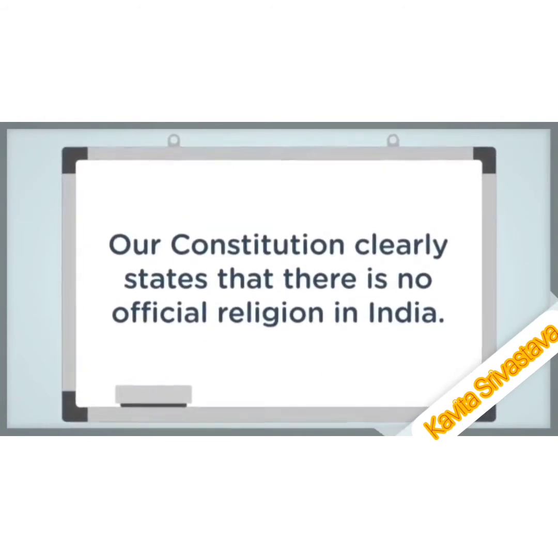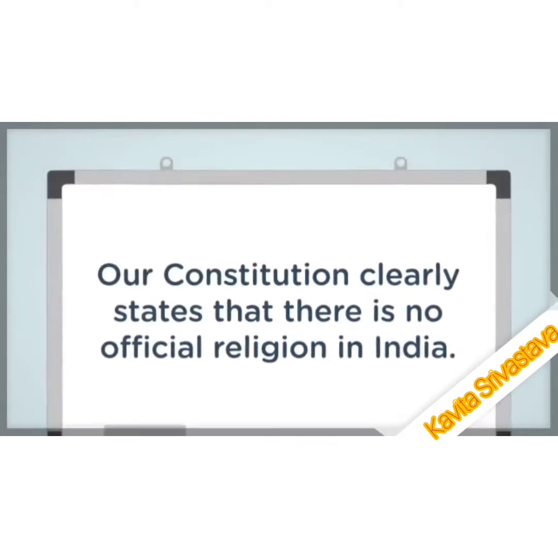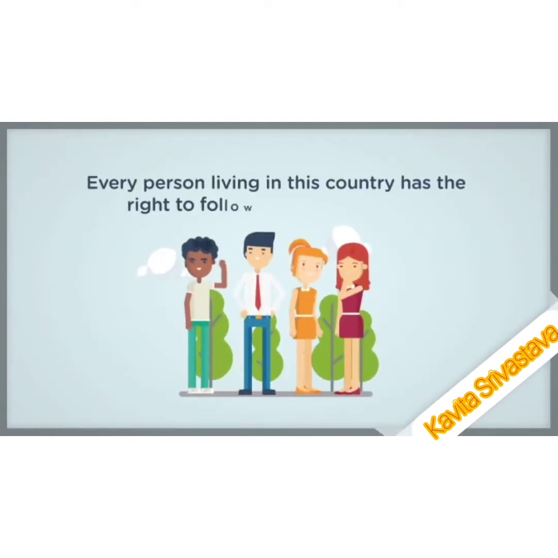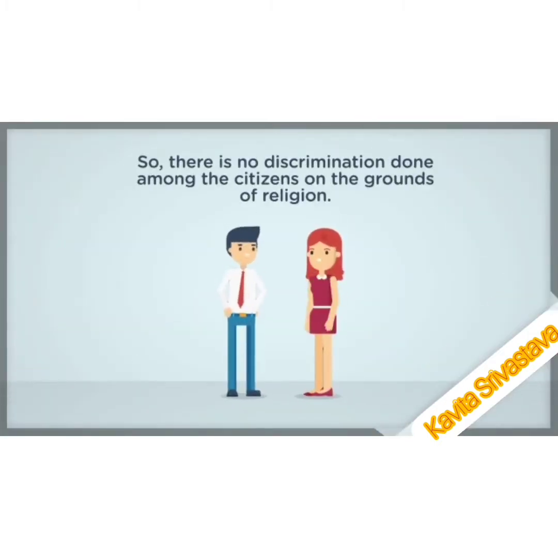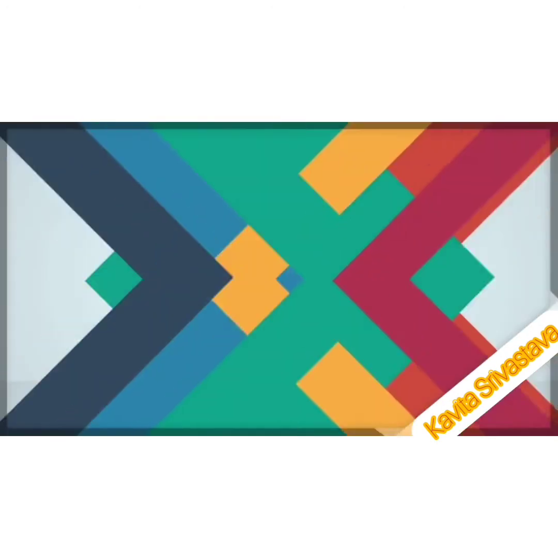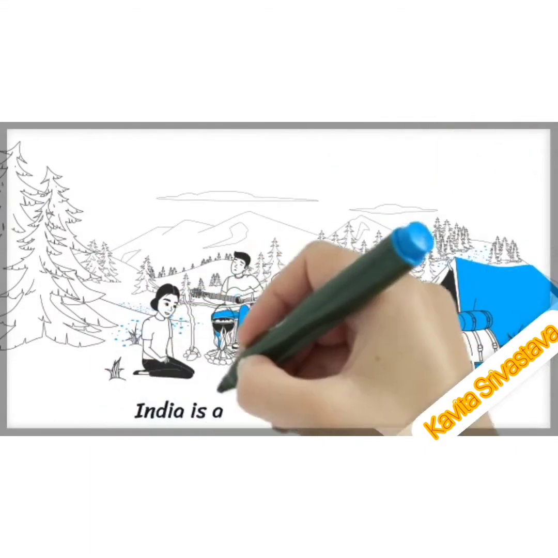Secularism means that we are free to practice any religion in India, or we can say equal treatment of every religion. The Constitution clearly states that there is no official religion in India. And every person living in the country has the right to follow his or her own religion.